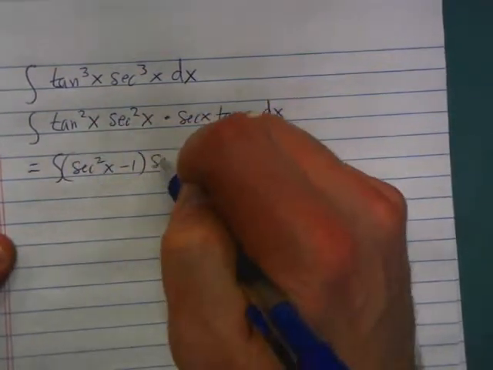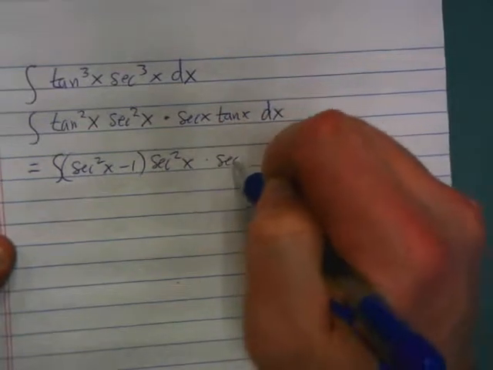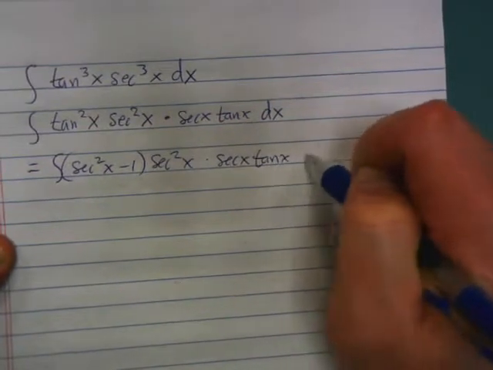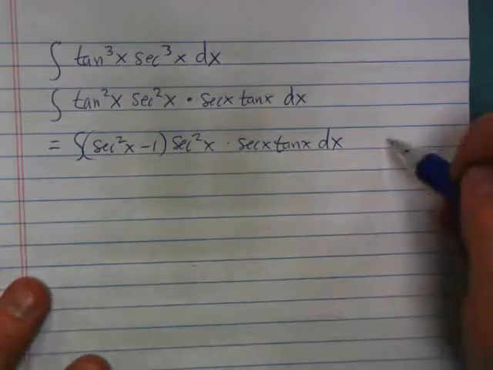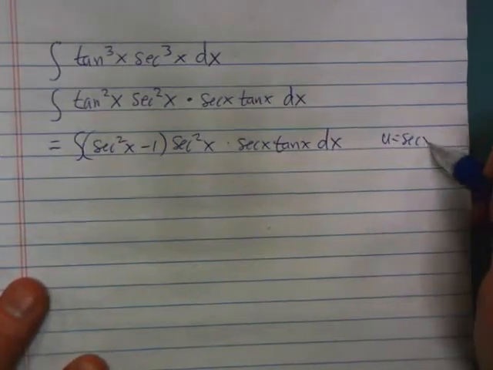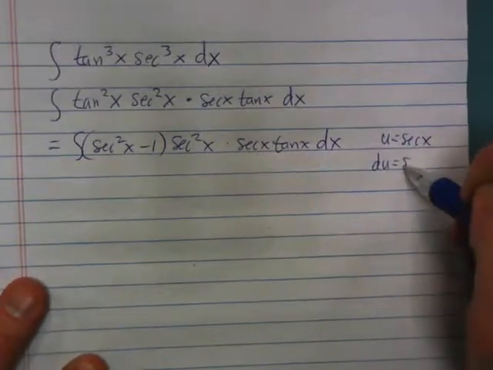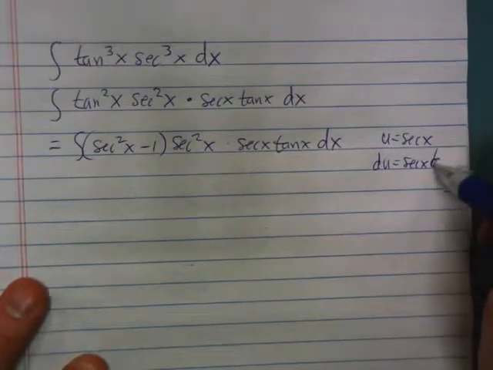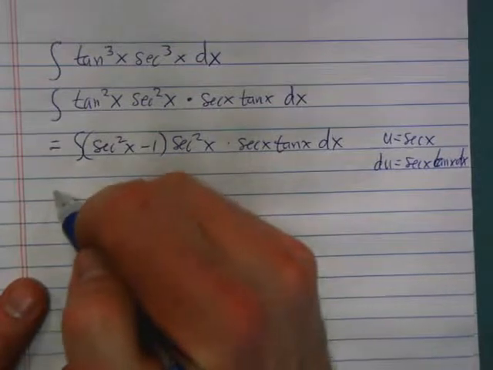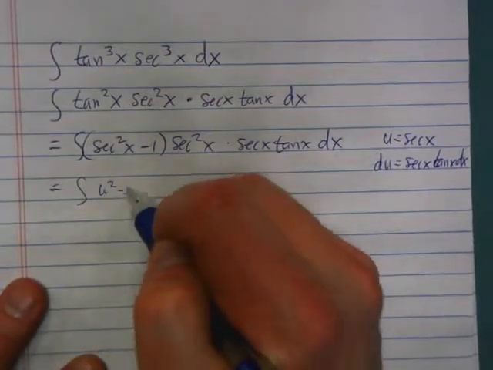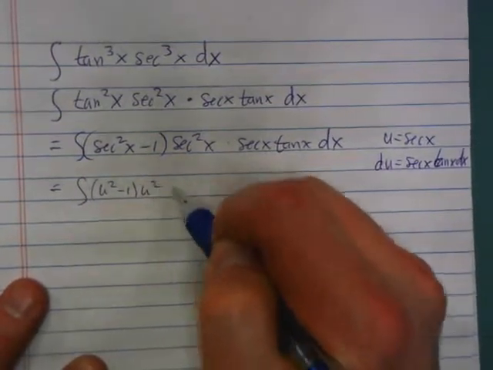And then I have this secant squared, and then a secant and a tangent. So u is secant, and du works out perfectly. It's the secant tangent that we saved. All right, so we have the integral of u squared minus 1 times u squared du.